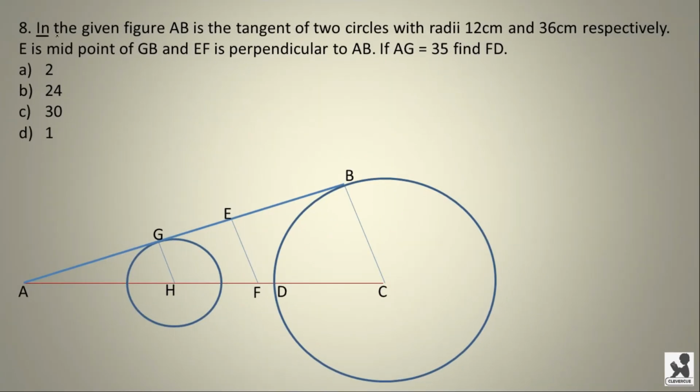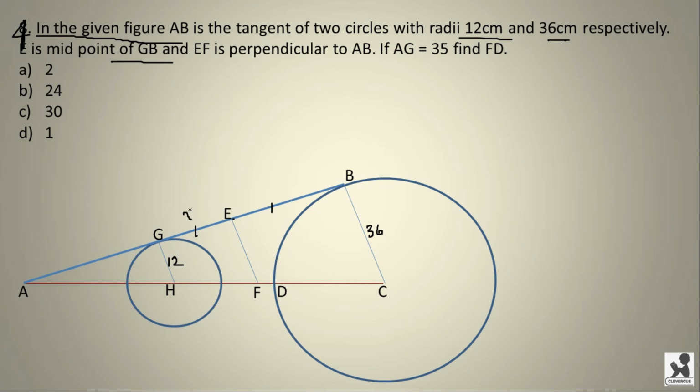So in the given figure, this is 4. In the given figure, AB is the tangent of two circles with radii 12 centimeters and 36 centimeters. So this radius is 12 and this radius is 36 respectively. E is the midpoint of GB, so these two lengths are equal.